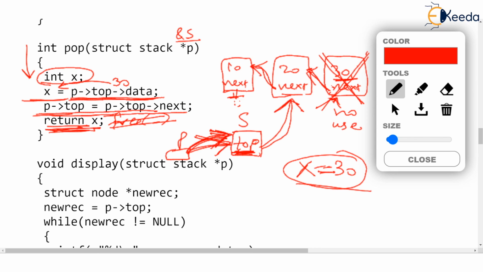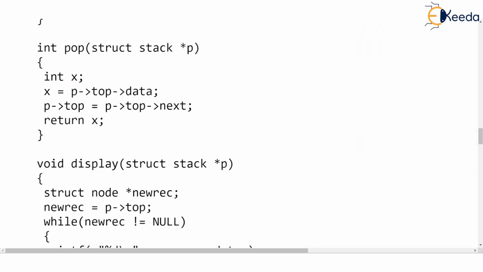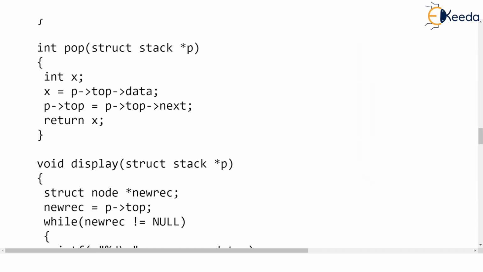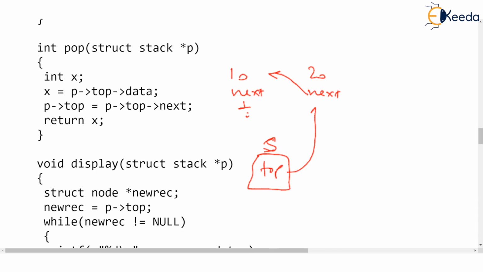By the way, if you execute the pop operation again, what will happen? What are the values in the stack now? Only 20 and 10, isn't it? So we have 10, its next is null, and we have 20, its next is pointing to the node which stores 10. And we have s, whose top is pointing to this 20. Now, if you start the pop function again, p stores the address of s.